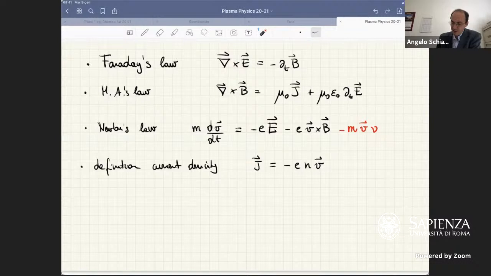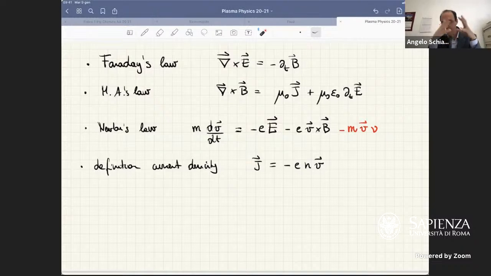This is an important term to reintroduce, and this is due to the collision of electrons with ions and with the other electrons. And if you remember this factor here, nu is the collision frequency.